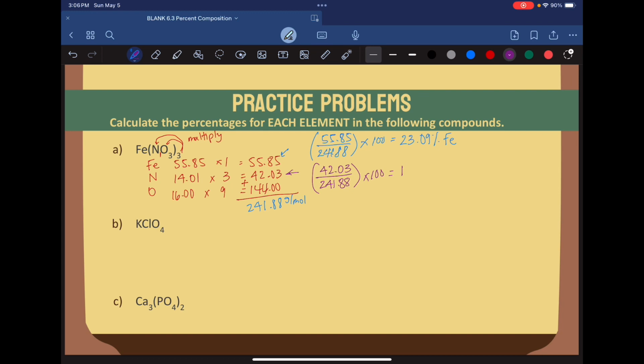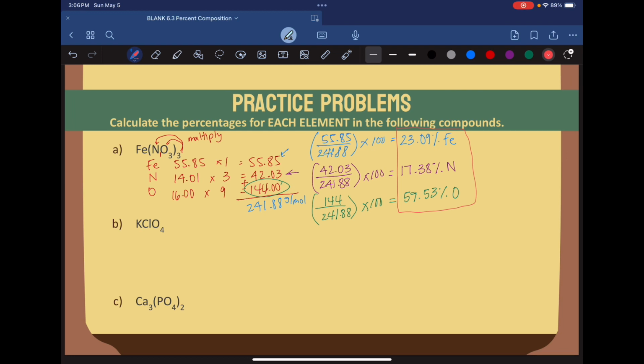And that's going to give me 17.38% nitrogen. And then oxygen, which is this last one, 144 divided by 241.88 times 100, and rounded to 2 decimal places is 59.53% oxygen. So these are the percent compositions for iron(III) nitrate.